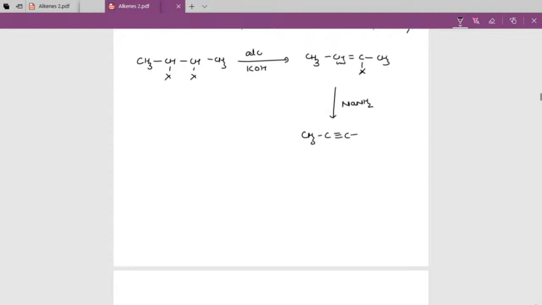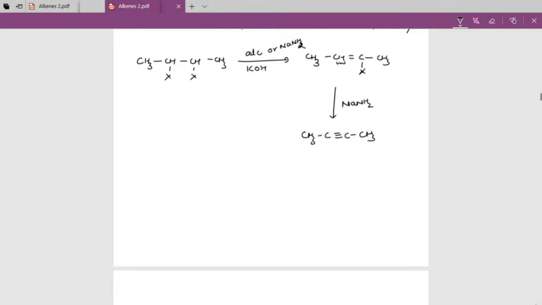Only when we have a stronger base can we have alkyne formation. Otherwise, my reaction might stop at the alkene stage. Is that clear? Can we use NaNH2 in this step? Yes, whichever is a stronger base can be used in place of a weaker base. A stronger base can replace a weaker one.